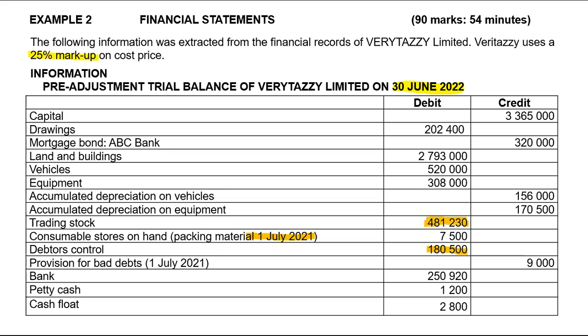And how do we adjust it? By reducing it by 8,000 rand. So I'm going to come here and simply reduce that value, which is how much it was. This is us calculating trading stock deficit or trading stock surplus. So it was 481,830.